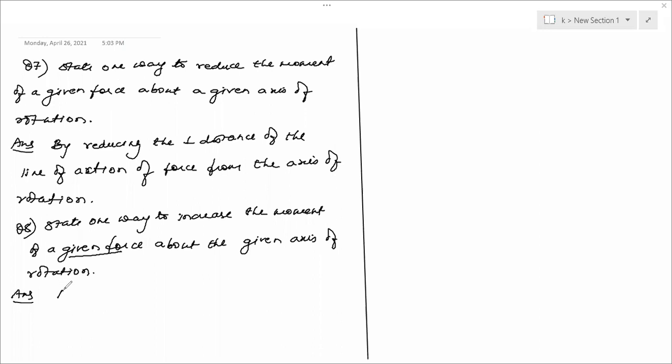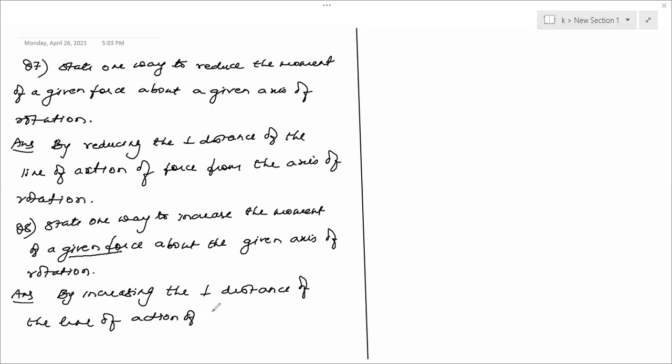The answer will be by increasing the perpendicular distance of the line of action of force from the axis of rotation.